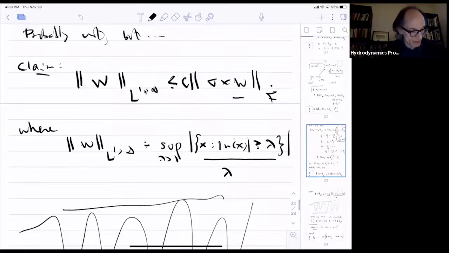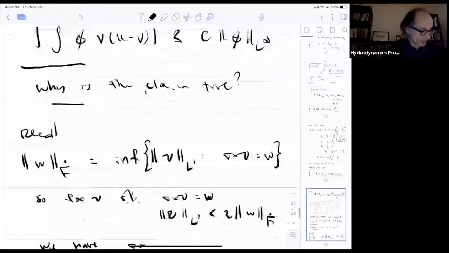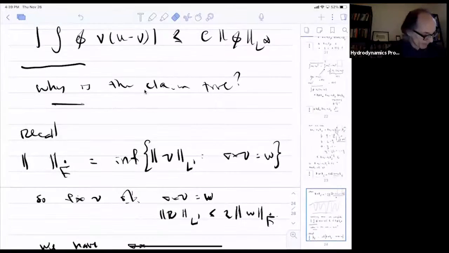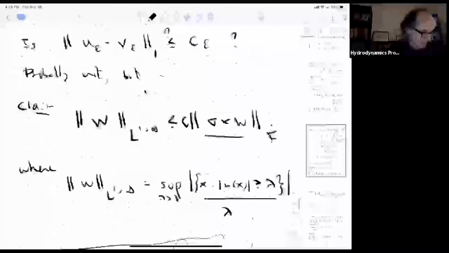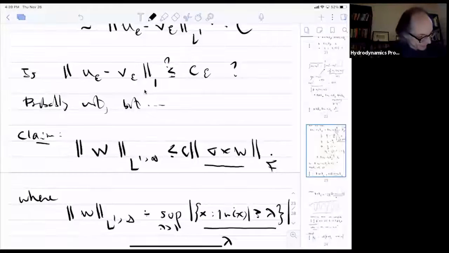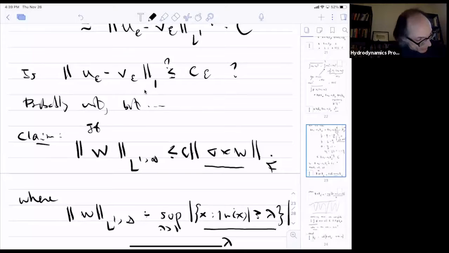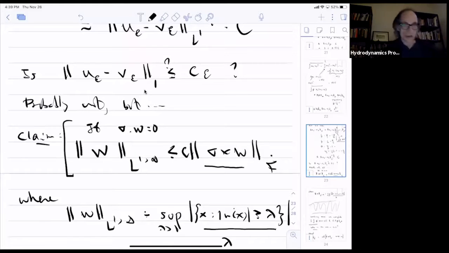So I'm interested in the homogeneous flat norm of the curl of W, and I should have said, if W is divergence free. And so remember, we're working with the Euler equation, everything is divergence free. U, from the Euler equation, is divergence free. V, by construction, is divergence free.